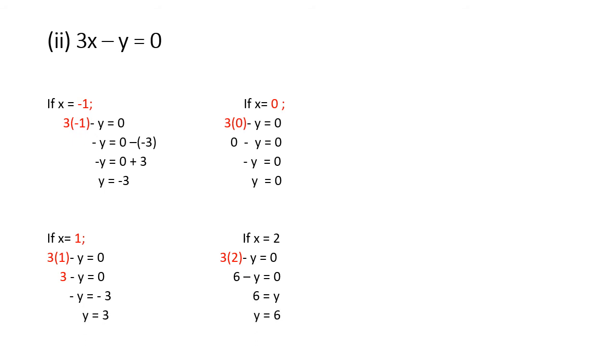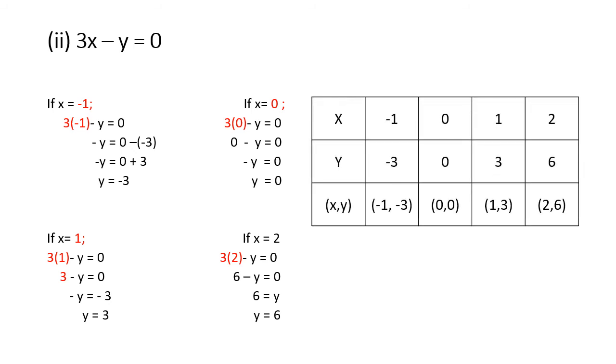Once we get all the 4 values, we write down these 4 values in the form of a table. So we write down x, y and xy. We write down all the values of x and all the values of y. See here, I've written all the values of x: -1, 0, 1 and 2.